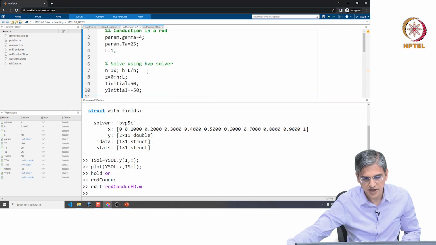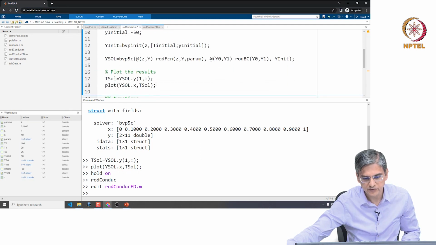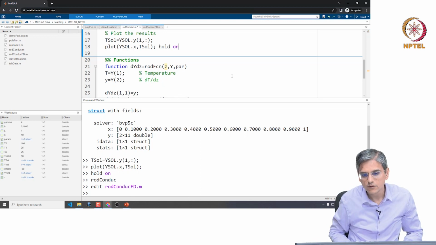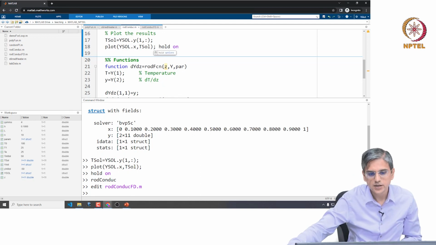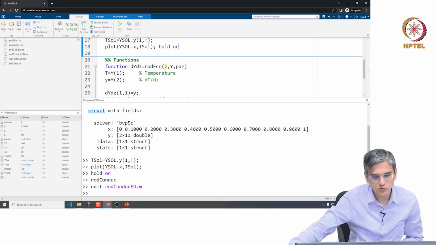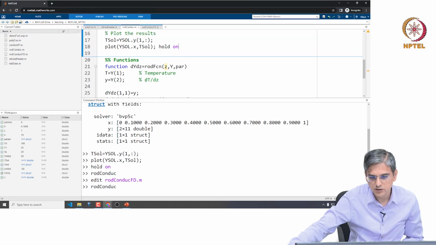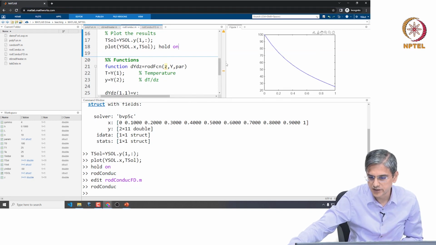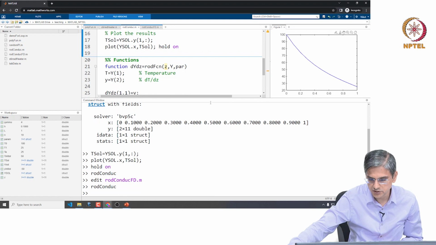We have changed gamma back to 4 for the previous. Okay, let me save this and let me run this. This was what we did in the previous video. Let me run this and have the solution for us. Okay, this is the solution.